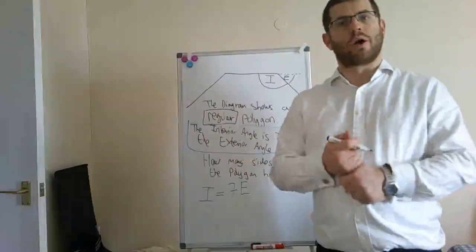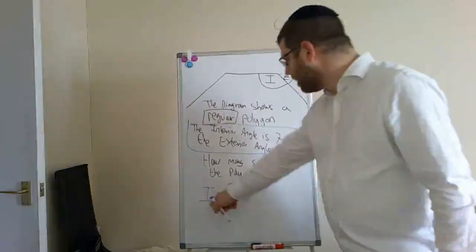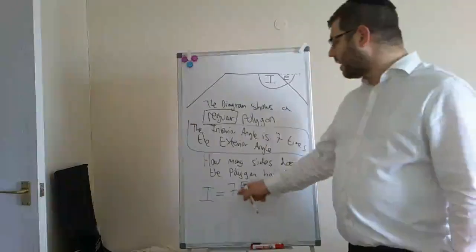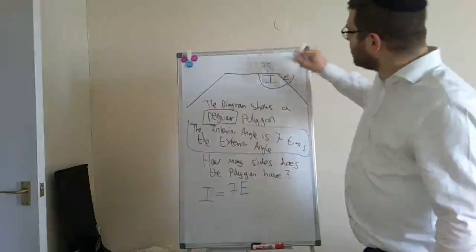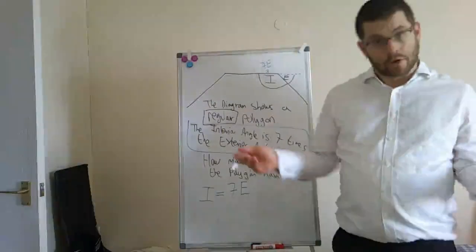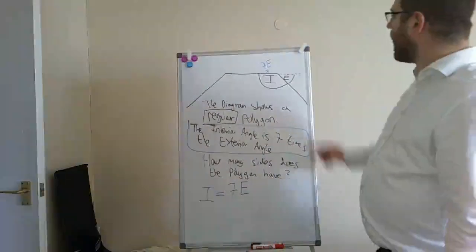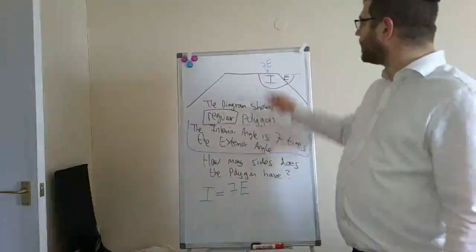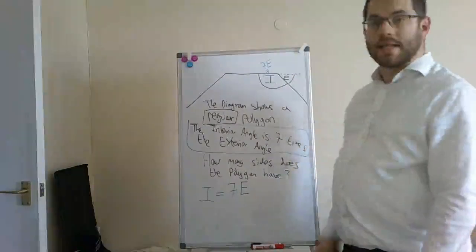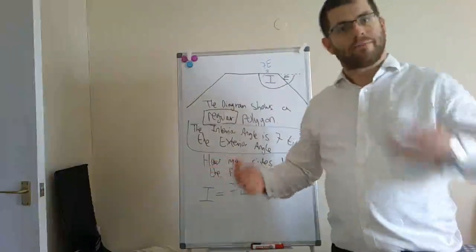They add up to 180. Now, if I is 7 multiplied by E, I can replace I with 7 times E. In algebra, we would just say 7E. So now, together, they add up to 180. I've replaced I with 7E, so I can say 7E plus this E, and force it to be 180.